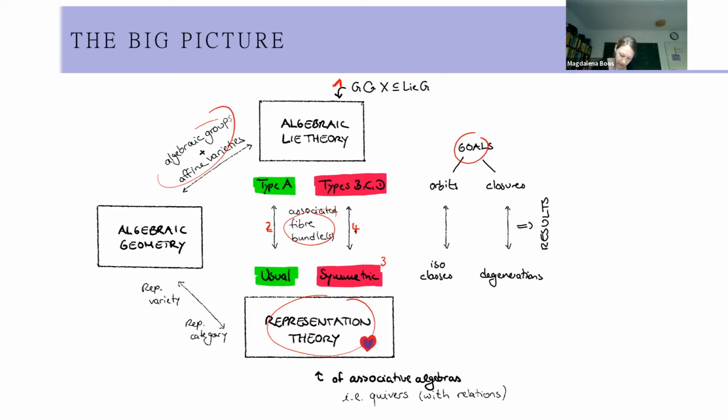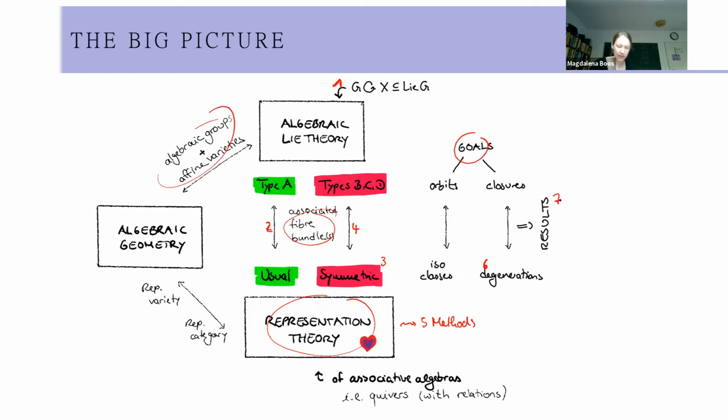Then in part 5 we will look at methods, because we have quite a few methods at hand in representation theory, and we can make use of them. Then in 6 I will explain what degenerations are, and in the end, results. So that's the plan, more or less, for the talk.